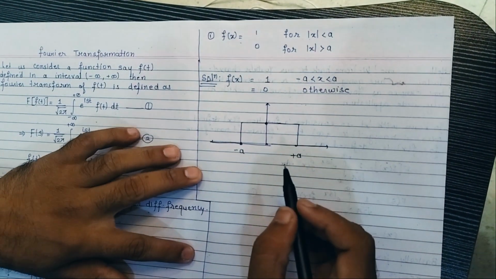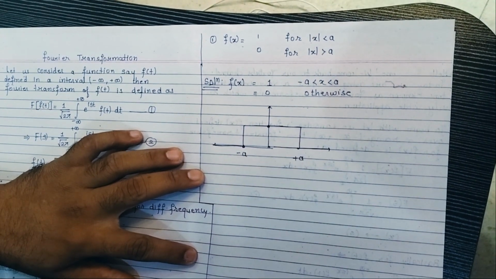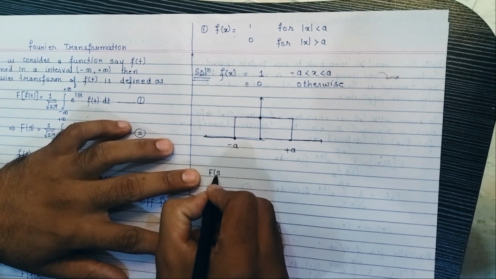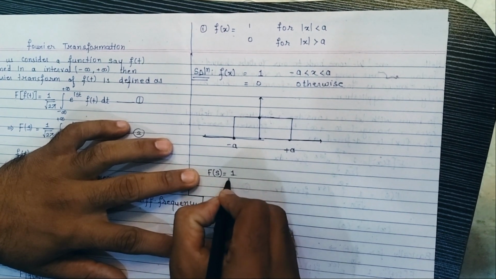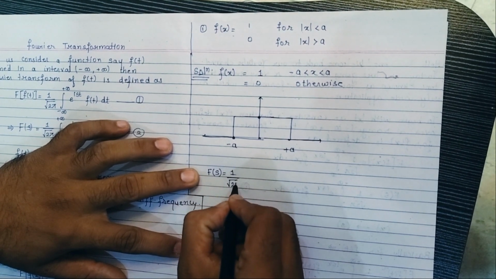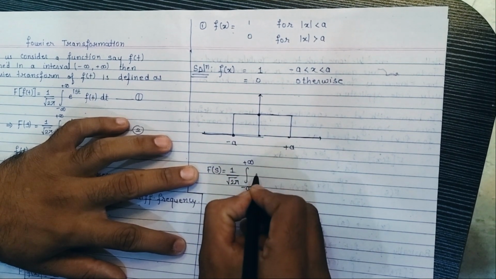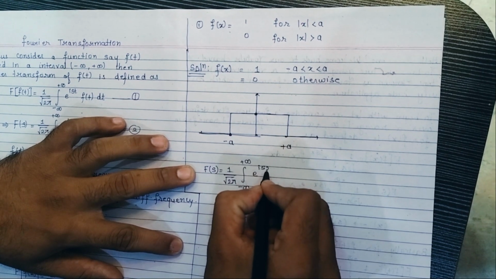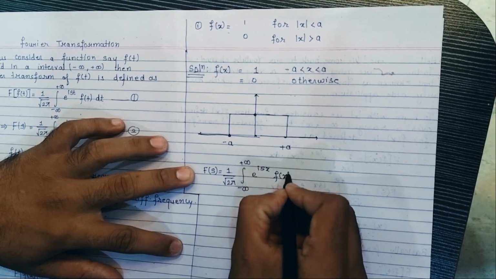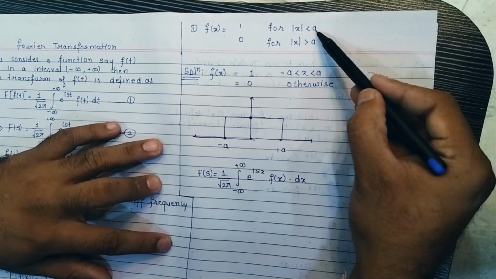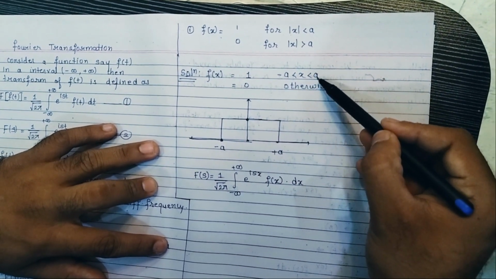Now if you want to do the Fourier transformation of this function, we have that f of s will be equal to 1 upon under root of 2 pi, integral from minus infinity to plus infinity, e to the power isx, f of x dx. Now we have a function which is defined for the interval minus a to plus a and 0 otherwise.